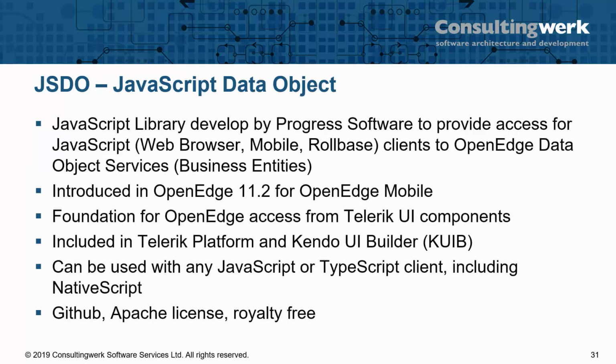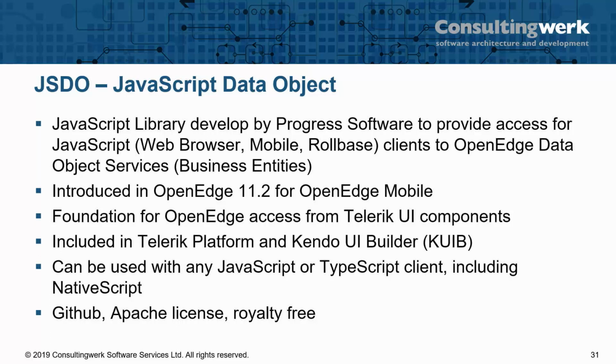The JSDO, on the other side, well, that's a JavaScript library developed by Progress. It's been there for a while, since 11.2. I think that's 7 or 8 years ago. Whenever talking to Telerik UI components, the JSDO is just a very good choice. Things like Kendo UI Builder, the Telerik platform, all those have been using the JSDO for accessing data.